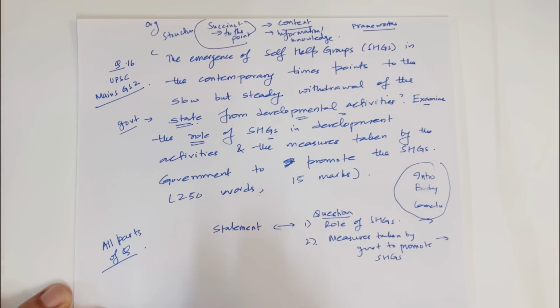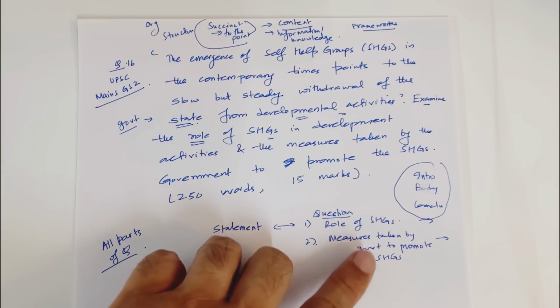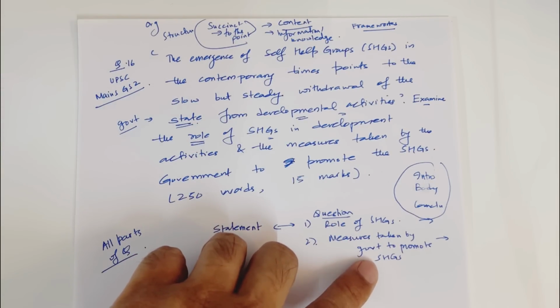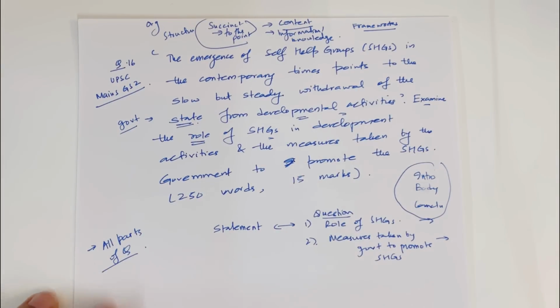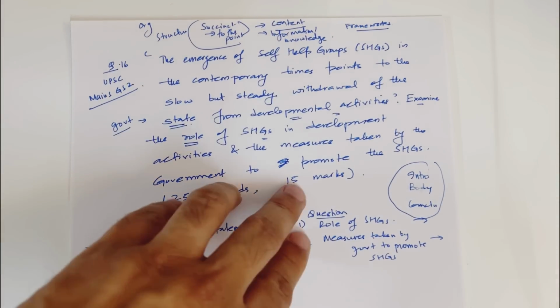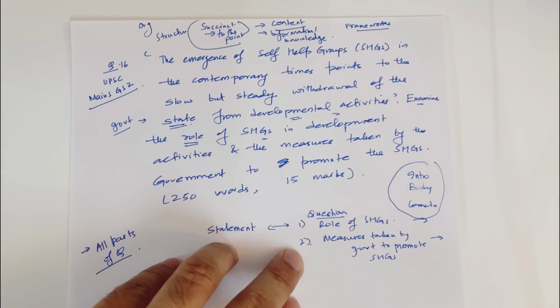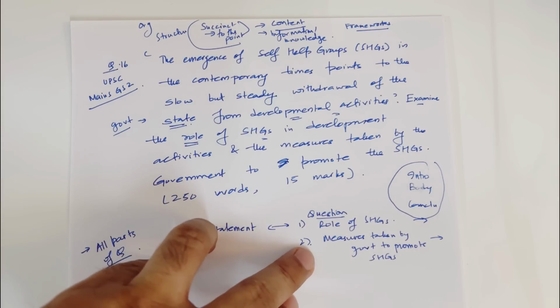The question here has two parts: the role of the SHGs in developmental activities and the measures taken by the government to promote the SHGs. Answer all parts in equal proportion as much as possible, because only then will you get 7.5 marks for this and 7.5 marks for this. So a total of 15 marks are allocated between these two.